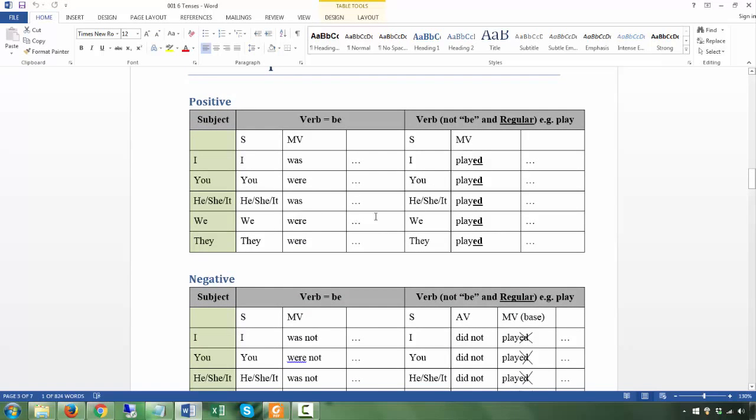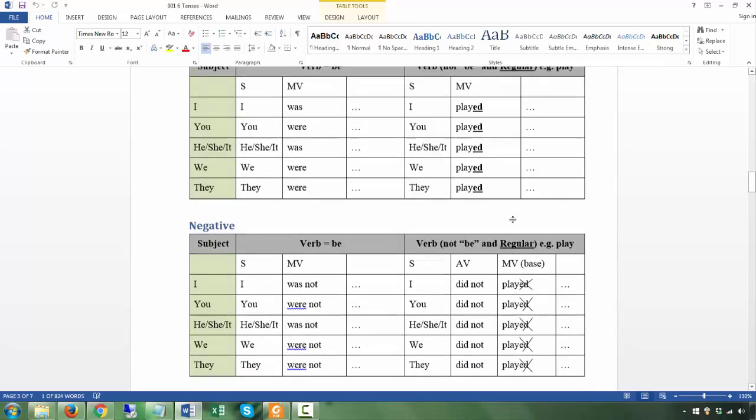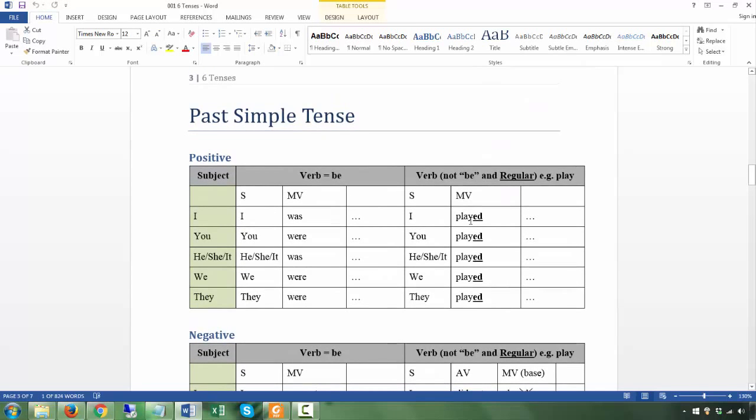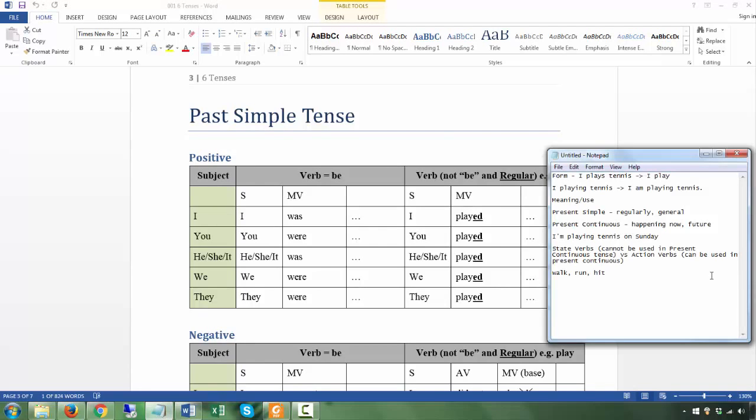Okay, then it comes to what you call regular. Regular verbs are verbs that are generally when you get the past simple and the past participle. Okay, just be very careful here.